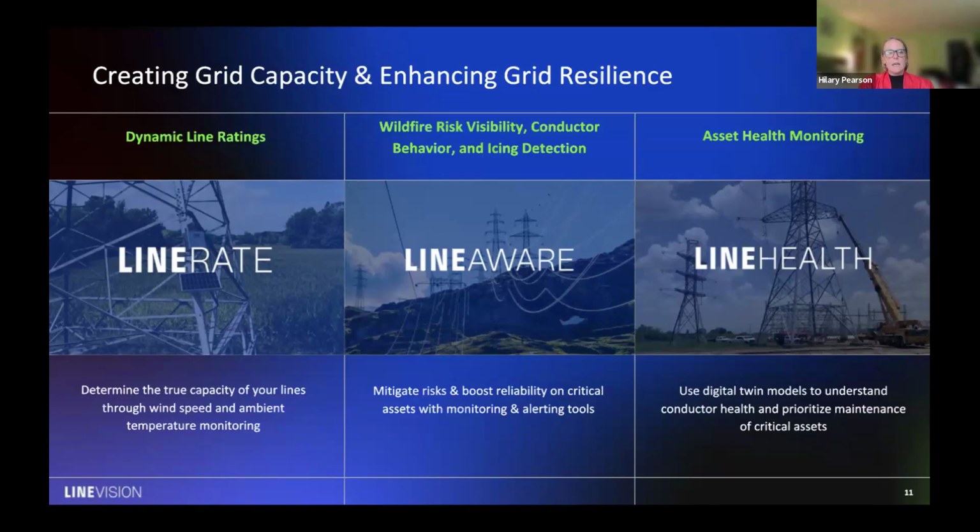So having data to help operators better understand asset health, using data from the field to help determine when a line might need to be reconductored, or how preventative maintenance strategies might need to be addressed based on how a line is behaving or positioned out in the field. This is all really key to helping utilities optimize their assets and enhance operational efficiency.